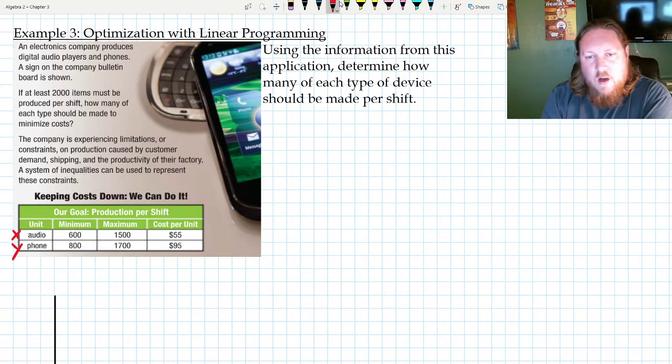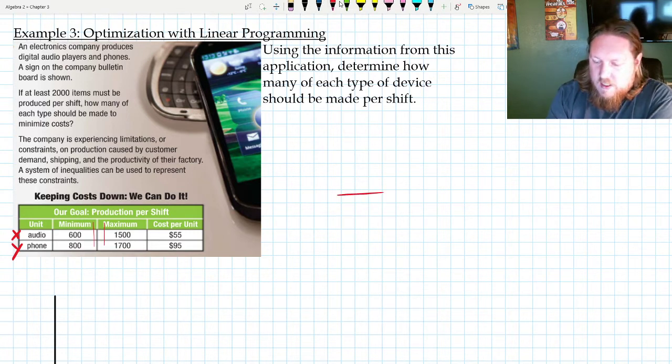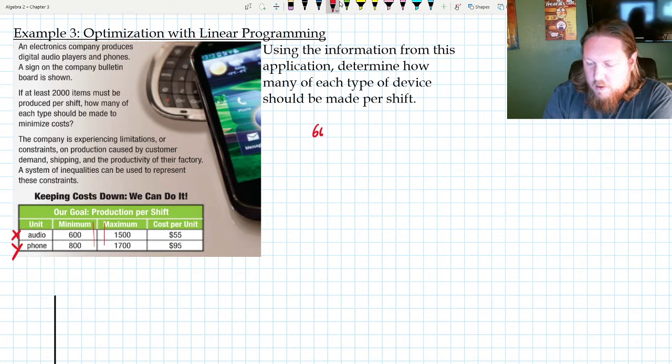The next two columns in this table are the minimum and maximum. Whenever you see something like this about what's being produced, what you're getting here are actually horizontal lines. So they're saying for the audio device, which is X, you're going to make at least 600, but you're not going to make more than 1,500.